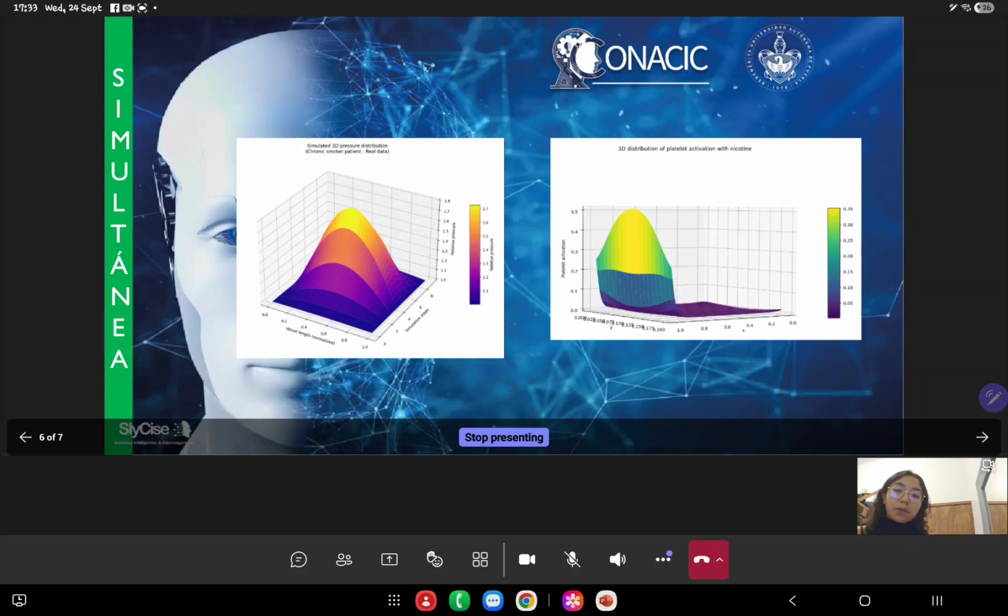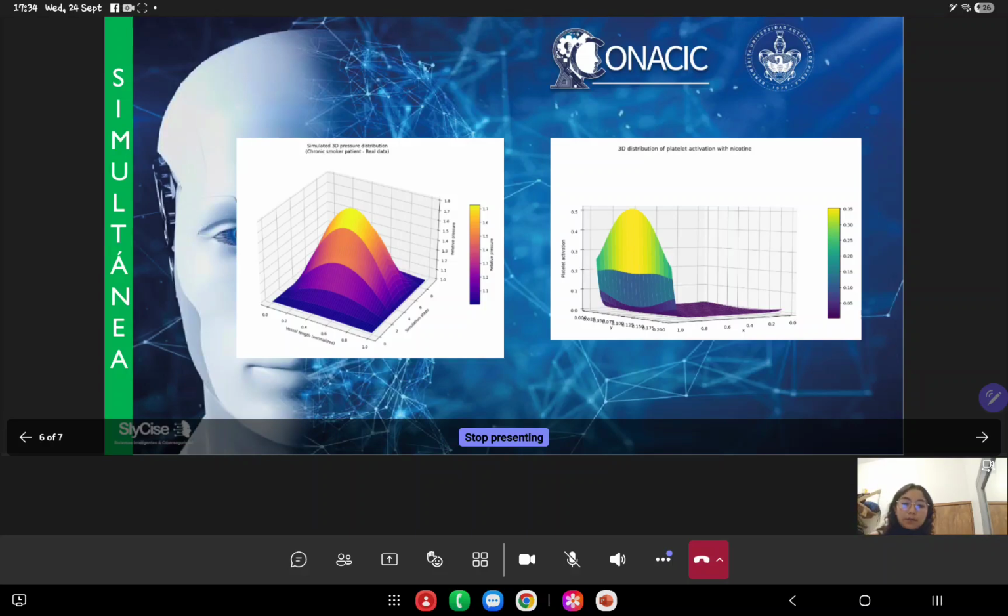This is really fascinating because I think that with the data we obtained, we can take the simulation further. At this point I can't do all of that, but I'm working in CFD, trying to use this data to foresee the vessel behavior, and we can see how the clot formation develops over time.